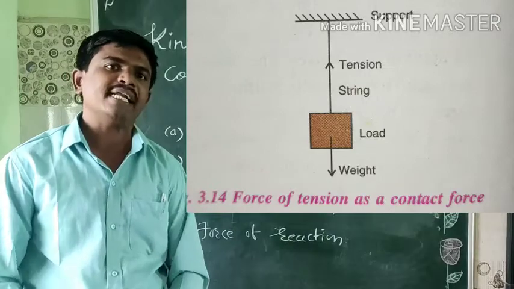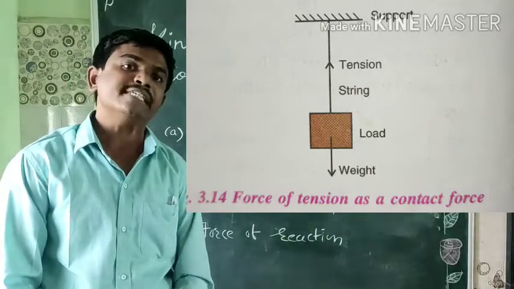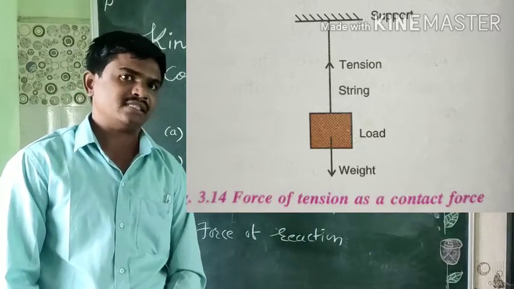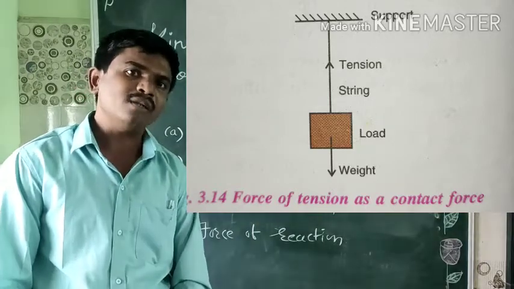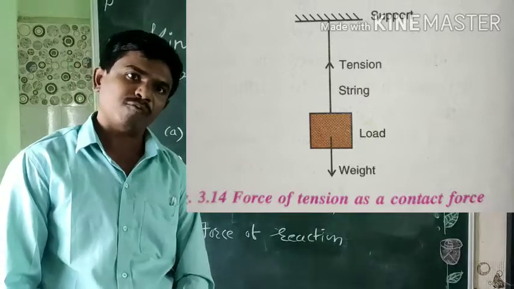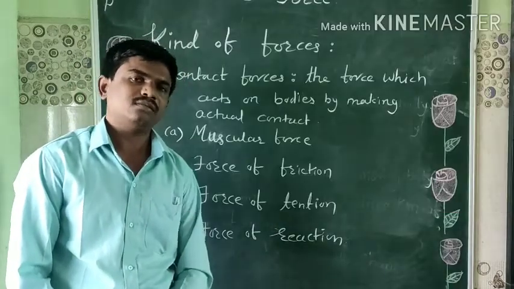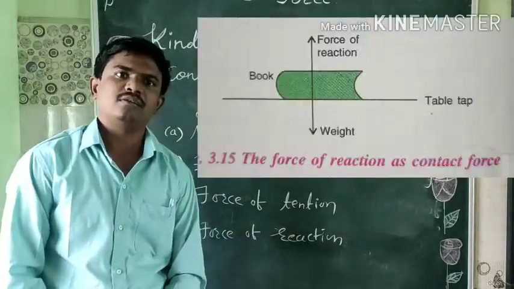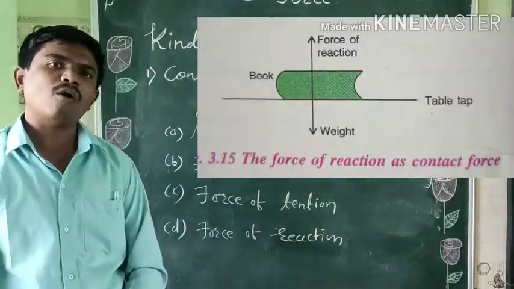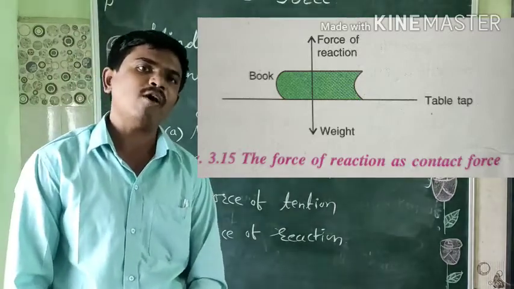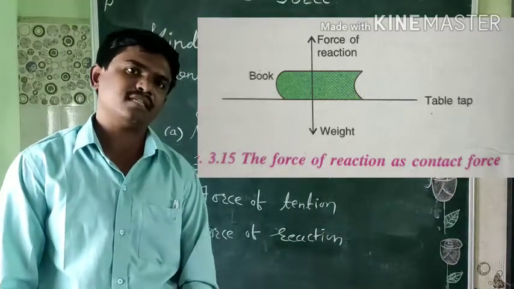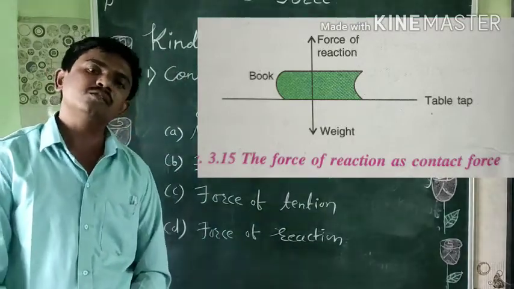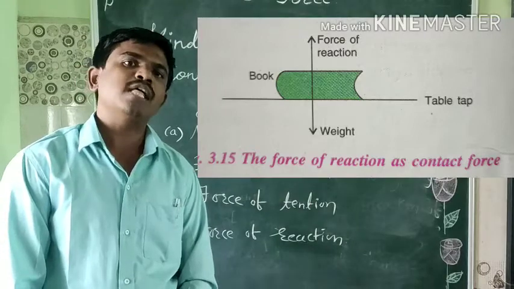When we suspend a load on a string, the force of tension is applied on the string in the upward direction. Force of reaction, when we keep any object on a surface, there is a force of reaction normal to that surface.